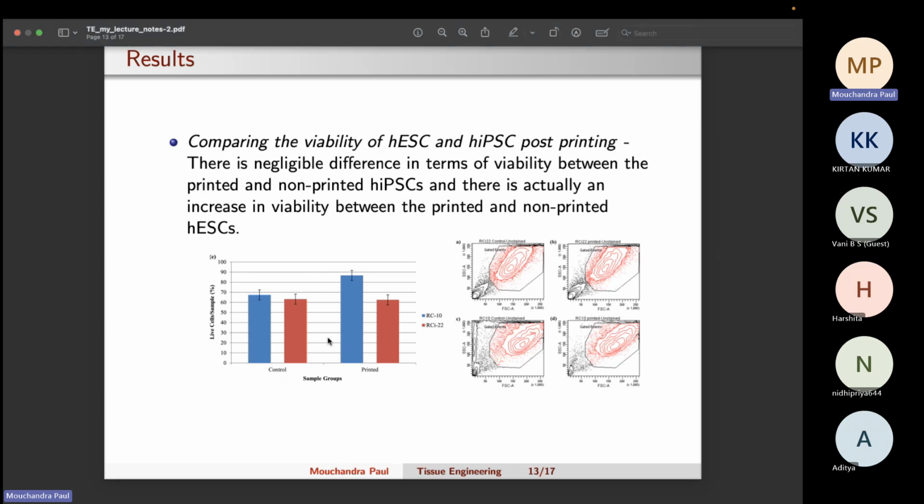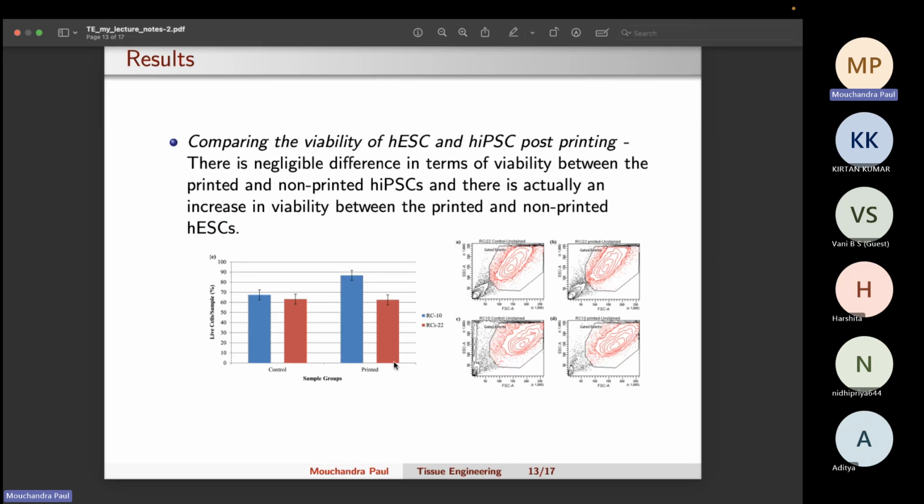The reason that they give is that during the printing process, because of the pressure that you apply on the bioink, the cells have become much more homogeneous in your drop. So cells are not clumped up, because these embryonic stem cells have a tendency to clump up.